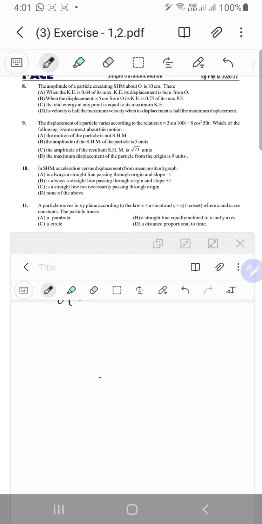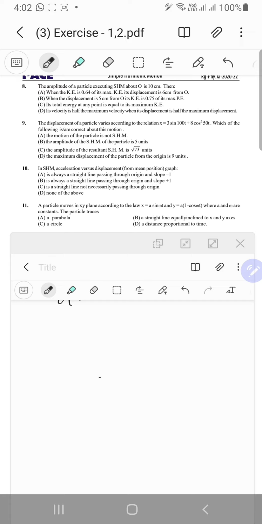The amplitude of a particle executing SHM about O is 10 centimeters. Then, ouch, my neck hurts. When the kinetic energy is 0.64 of its maximum kinetic energy, its displacement is 6 centimeters from O. Okay, 0.64 of its maximum kinetic energy, which means, wait a second, maximum kinetic energy is essentially the total energy, right?